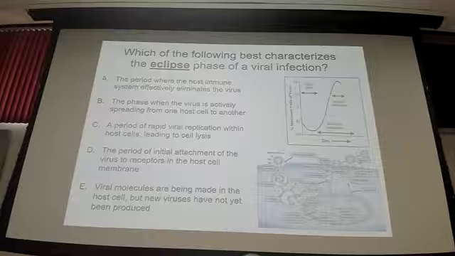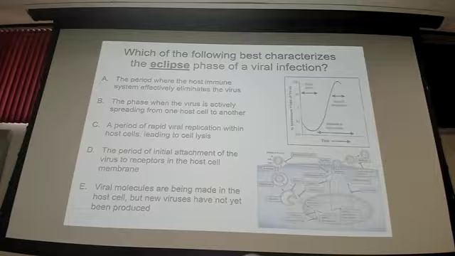It's just attaching to the receptor on the host cell membrane. Are you going to get a productive infection? Doesn't it have to enter, uncoat, replicate, translate its proteins, assemble, and then get released? So that's not the eclipse phase, is it?